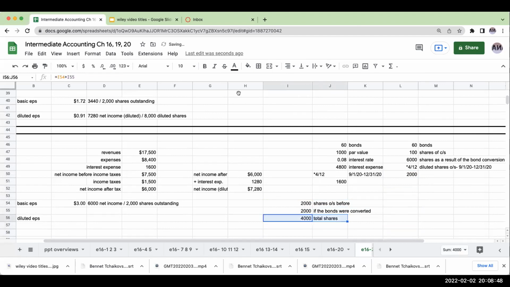So if the bonds were issued on September 1st, my net income is 7,280, and I would be dividing this by 4,000 shares. So this is going to be 7,280 divided by 4,000, or roughly $1.82.